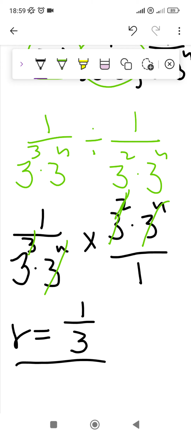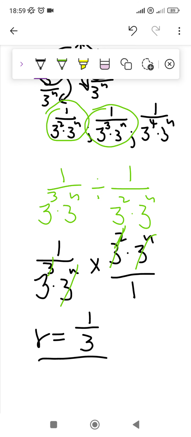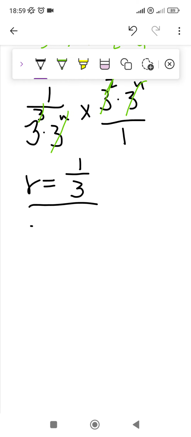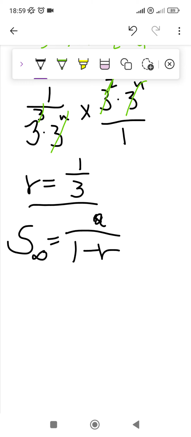We have R. We also have this value over here, which was A. We have A, we have R, and then we can find our sum to infinity. We know that that formula is A divided by 1 minus R. That formula is also given to you on the formula sheet.